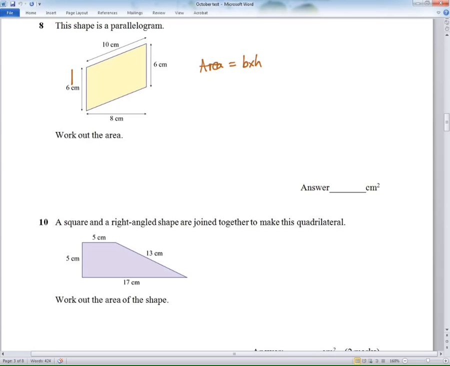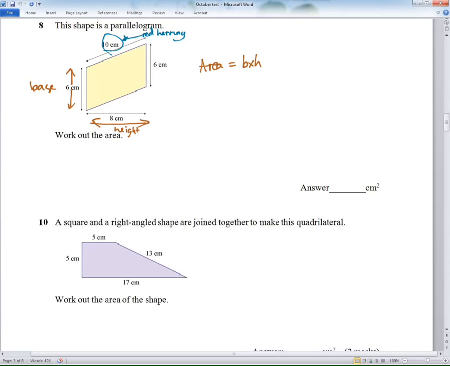This length 6 we could consider as the base, and this length 8 we could consider as the height. It's really a parallelogram just on its side, and that seemed to confuse people. That length 10 is not the height of the parallelogram, it's a red herring. Some people wrote red herring, but they circled 8 rather than 10.